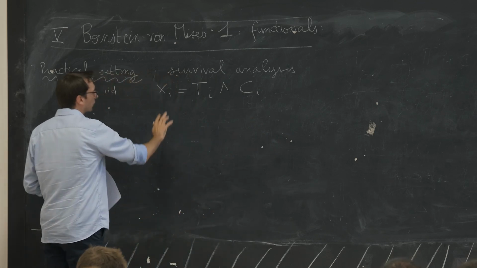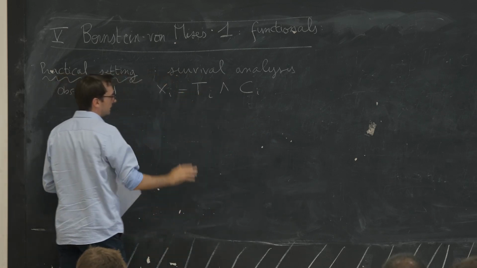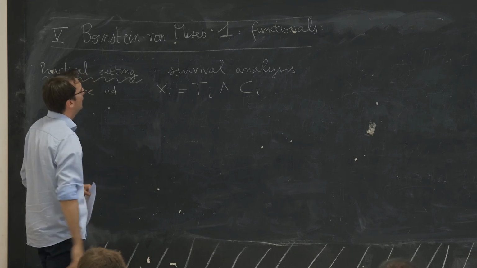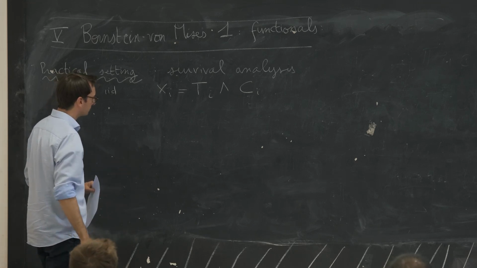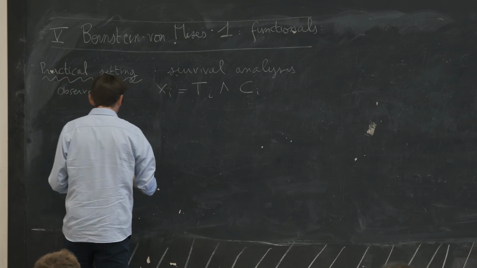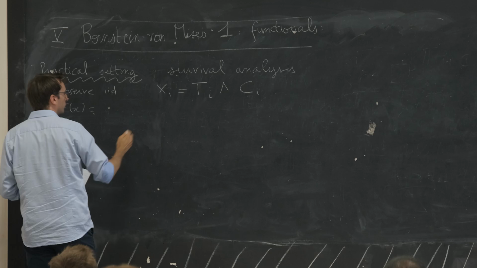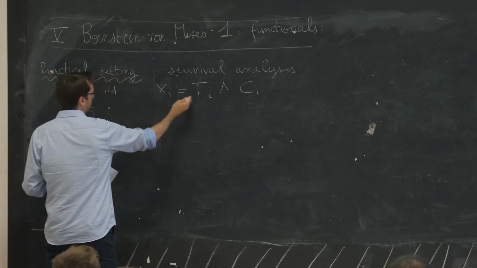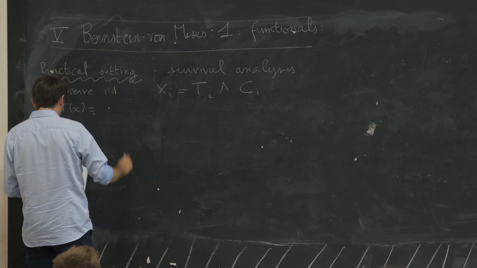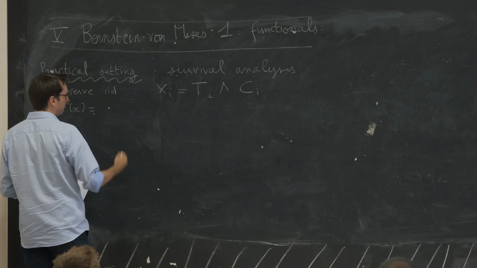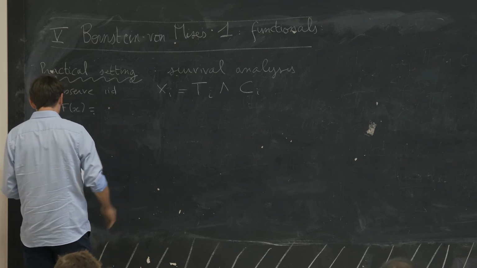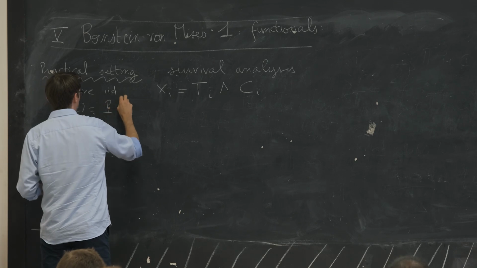I'll not talk much about the censoring. This is the typical, simplest survival analysis setting. You don't observe T_i directly, but only a censored version of it. So it's slightly more complicated than the density model, but still a bit similar in spirit.